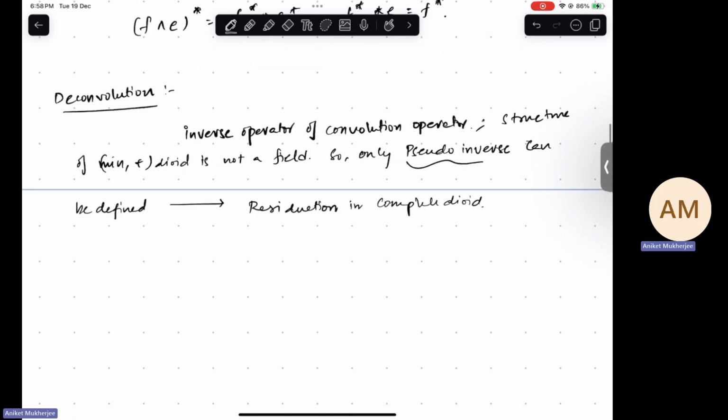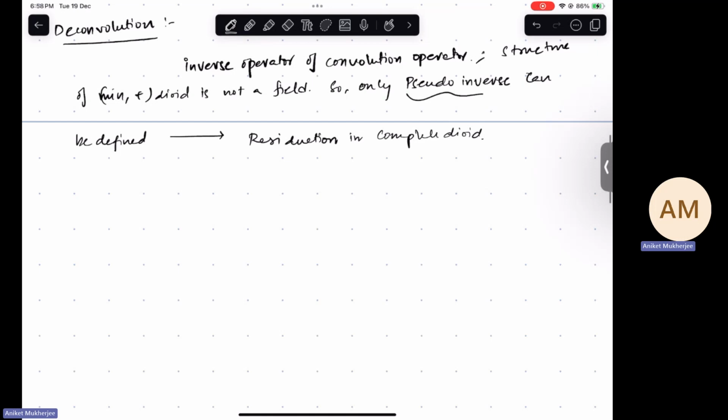We'll first look at the most basic concept of residuation before specializing it to the min-plus dioid. Similarly to what we did for all the other operators, first we'll define the residuation operator on a normal dioid, and then we'll specialize it to the min-plus dioid. So before going to deconvolution, we'll define the residuation.